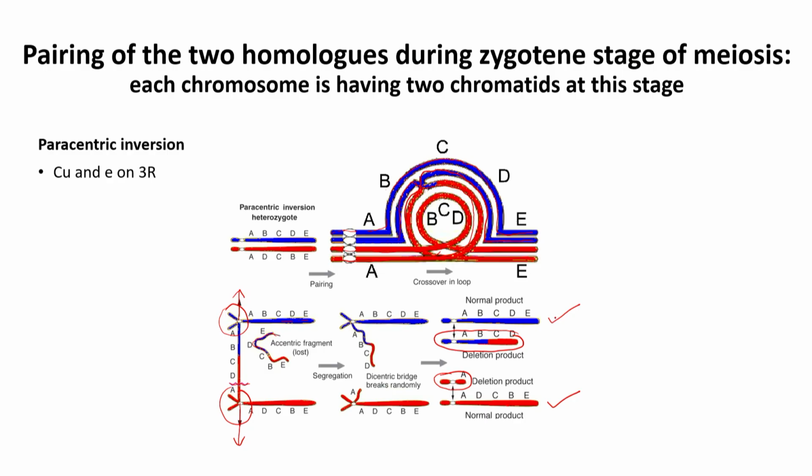And see, the two viable gametes are the parental type: the parent had A, B, C, D, E, this one, and the red one A, D, C, B, E. So these two gametes will survive and new combinations will not come. This is the protection of nature, that new combinations which would create lots of problems will not arise.